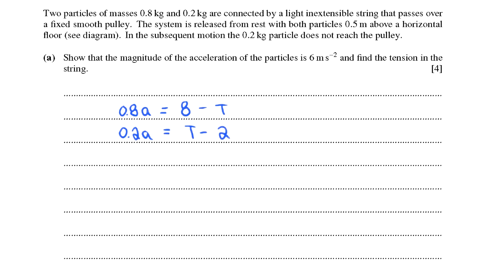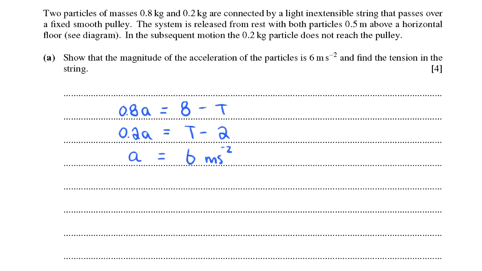All right, there are our two equations which we have to solve. Notice that one has a negative T, one has a positive T, so we can just add those two equations together. And we'll get 0.8a plus 0.2a is just 1a. We'll get negative T plus T is no T, and we have 8 minus 2, which is 6. And so we actually showed it very quickly that the acceleration is 6 meters per second squared.